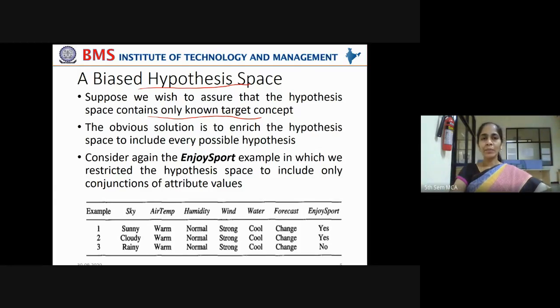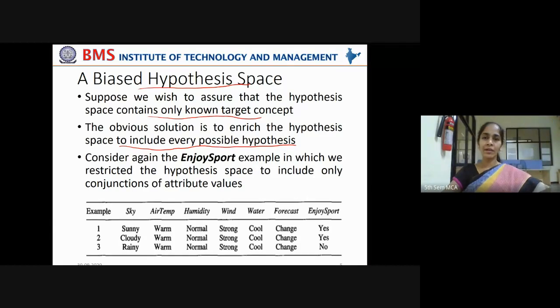Now, a biased hypothesis space we are trying to understand, right? Suppose we wish to assure that the hypothesis space contains only known target concepts. It should not contain any unknown target concepts. It should cover all the training examples, and there should be no hypothesis which doesn't cover any of the training examples. That is our objective. Now, the obvious solution is to enrich the hypothesis space to include every possible hypothesis.